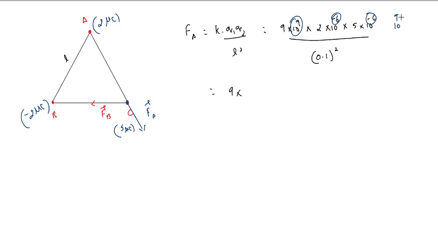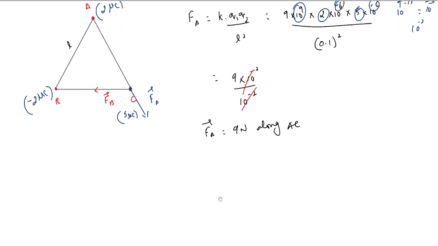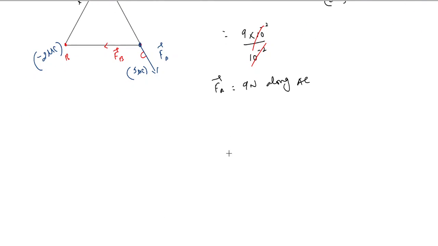So 10 power 9 minus 12 becomes 10 power minus 3. There's one 10 here because 2 into 5 is 10, so it becomes 10 power minus 2. So 9 into 10 power minus 2. This becomes 0.001, that is same as writing 1 into 10 power minus 3. So from here this gets cancelled, and the force Fa is 9 Newton. In terms of direction, it is along AC. It's a repulsive force.